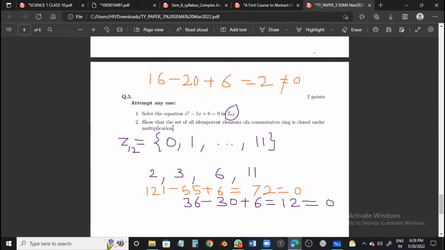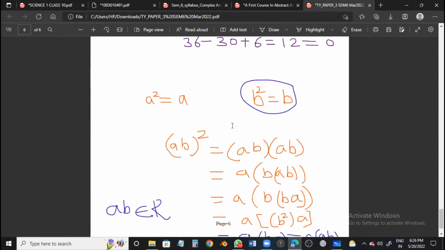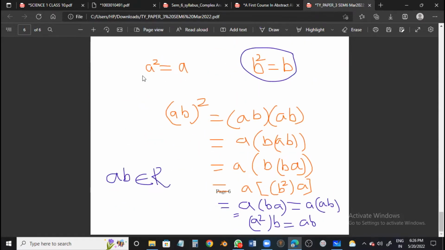It was: show that the set of all idempotent elements of a commutative ring is closed under multiplication. Means the product of two idempotent elements is again an idempotent. So A square is A, B square is B, means A and B are idempotent. The product is also idempotent, means if I square AB, I should get back AB.